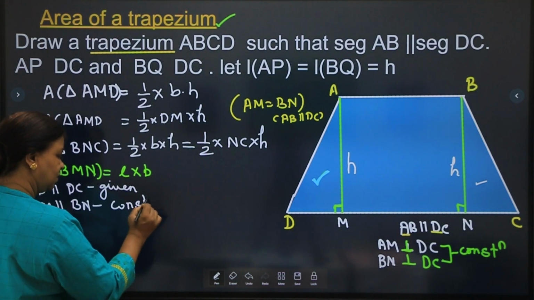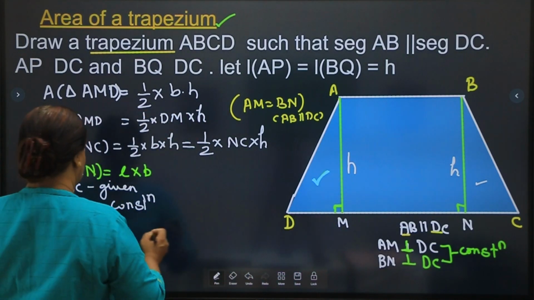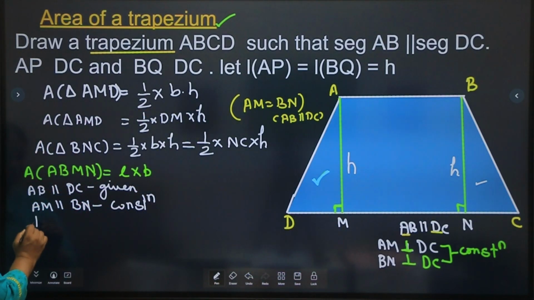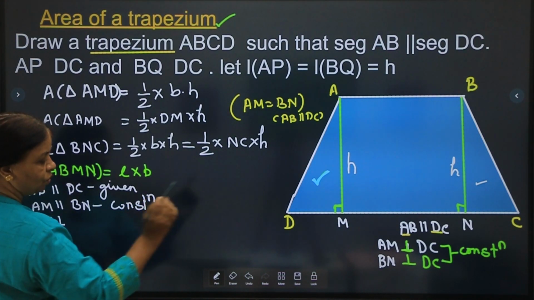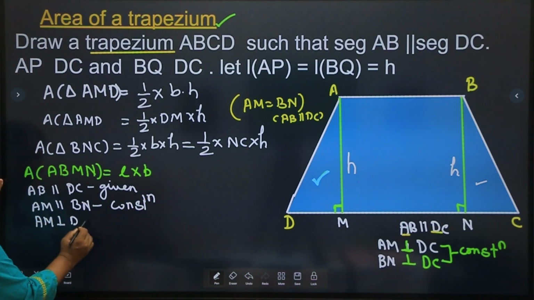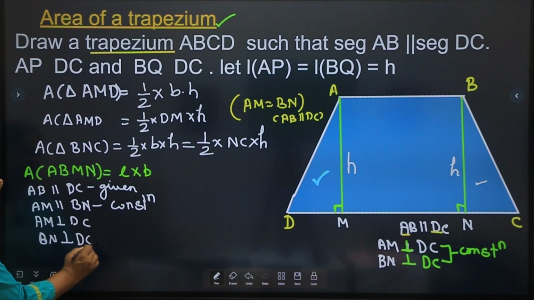Clear? But this AM is perpendicular to DC, also BN is perpendicular to DC.